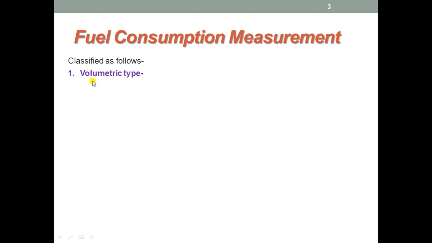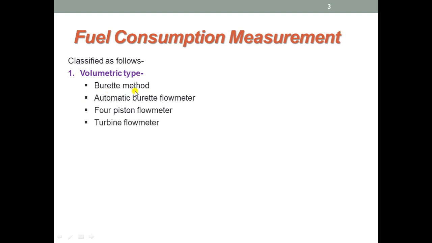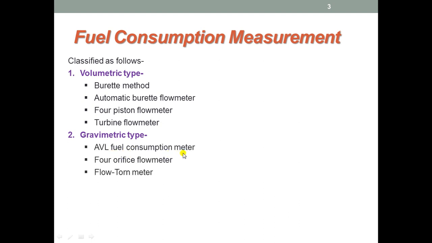The first classification is volumetric type, where we have four different types: burette method, automatic burette flow meter, four piston flow meter and turbine flow meter. The second classification is gravimetric type, which is based on mass. We have three types here: AVL fuel consumption meter, four orifice flow meter, flow torque meter.